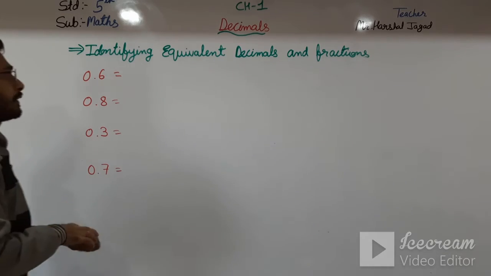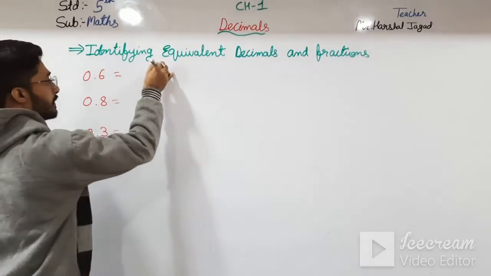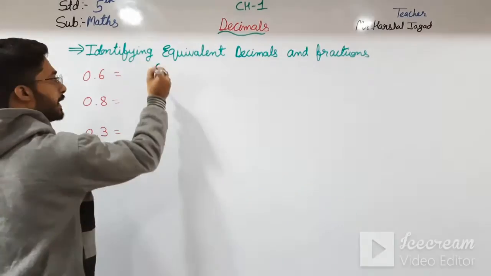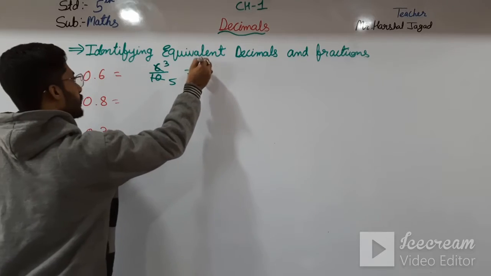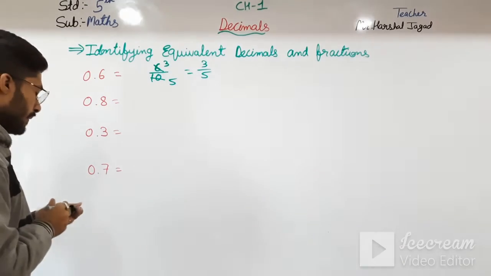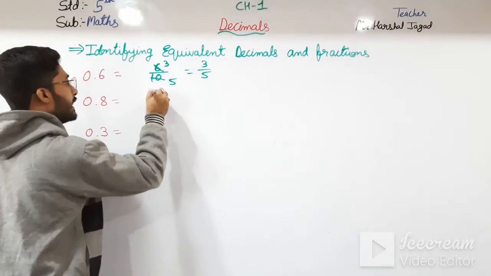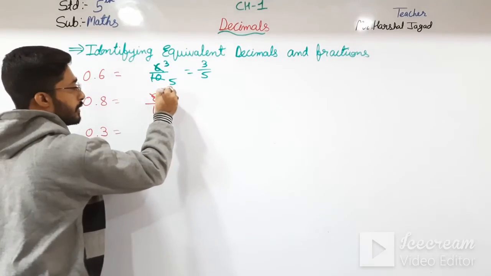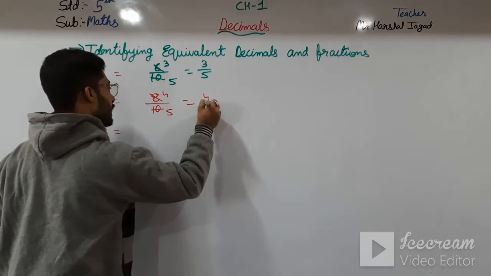Okay, so here 0.6 is there, so we can write 6 by 10. Yes, we can write that. And here 2 threes are 6, 2 fives are 10, so we can write 3 by 5. Now 0.8 is given, so 8 by 10, and 2 fours are 8, 2 fives are 10, so that is 4 by 5.